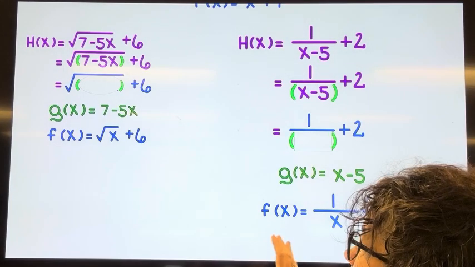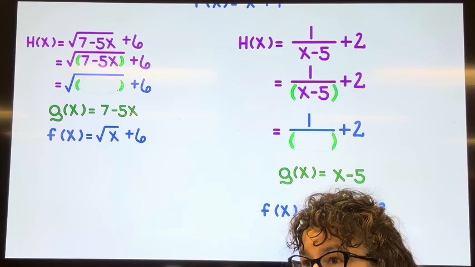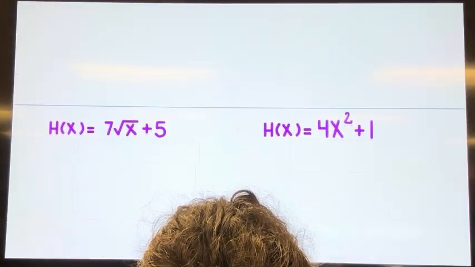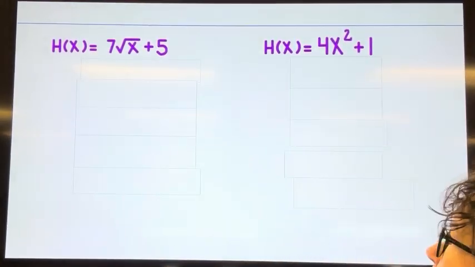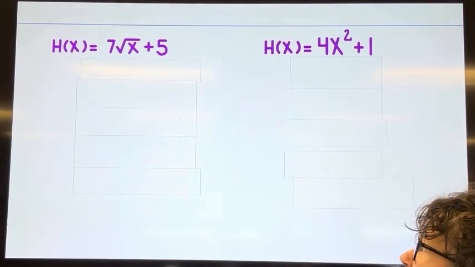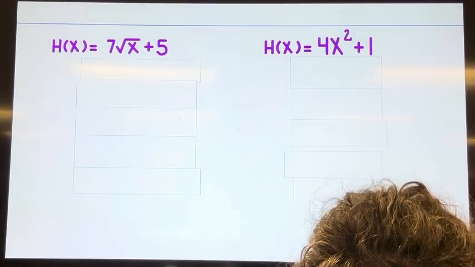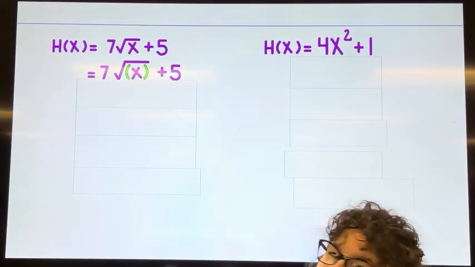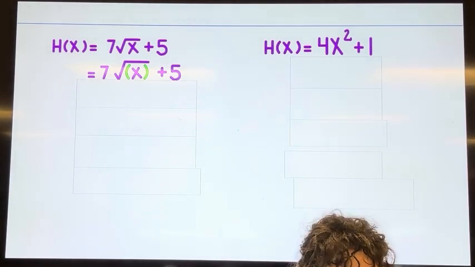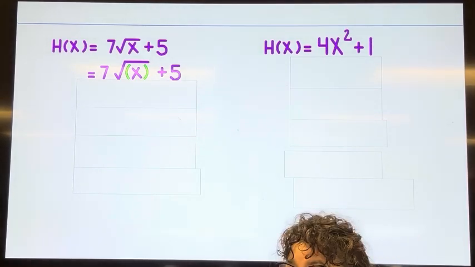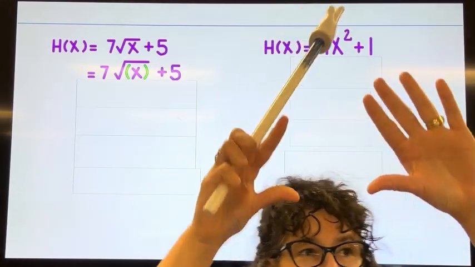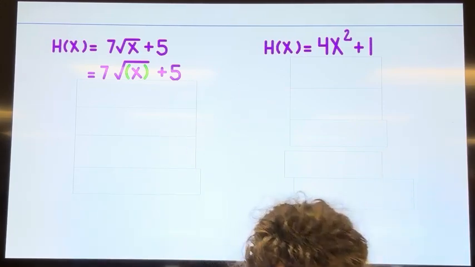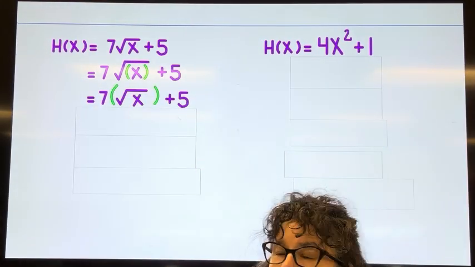Now the first strategy here is look for the grouping symbols, and what's inside grouping symbols is your input function. But sometimes we have functions like this, and if we look for the grouping symbols, what's underneath the root, that's grouped together. But plain x is not enough. The input function can't be plain x. So another strategy is take those grouping symbols and make them encompass a little bit more.